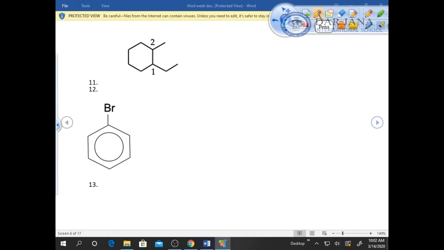So E will take number 1, while M will take number 2. So the name of this molecule is 1-ethyl-2-methylcyclohexane. This ring contains 6 carbon atoms.